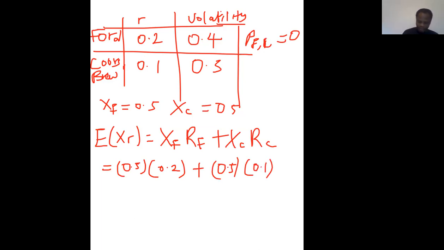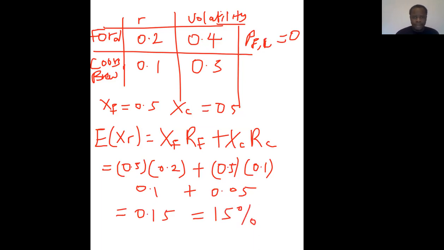So 0.5 times 0.2 gives you 0.1, plus 0.5 times 0.1, which gives you 0.05. When you add the two, that equals 0.15, which is the same as 15%. So this is the expected return on the portfolio.